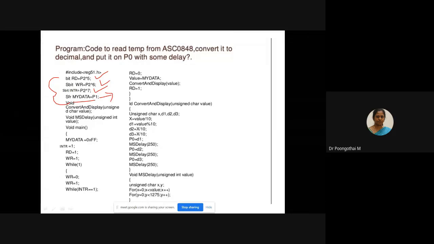I have declared two functions. One is the delay function, and another one converts your values into hexadecimal. First you have to configure the P1 port as an input by writing FF to it, and make INTR, the end of conversion, also an input pin. So configure INTR as an input pin, and disable read and write operations.